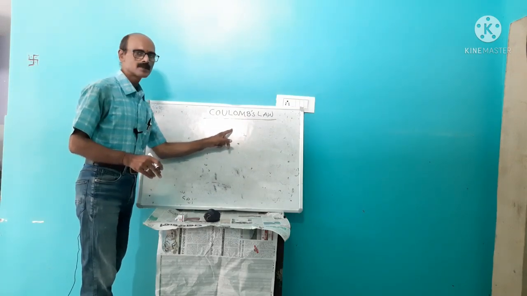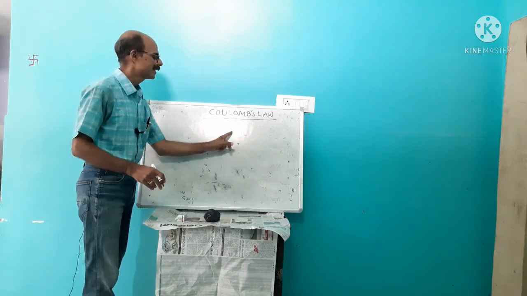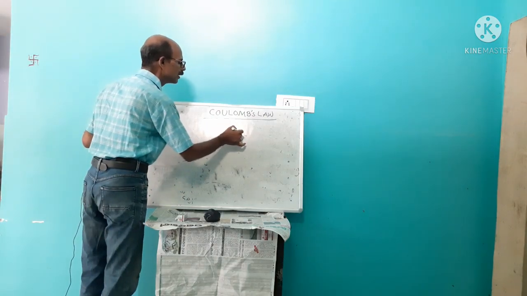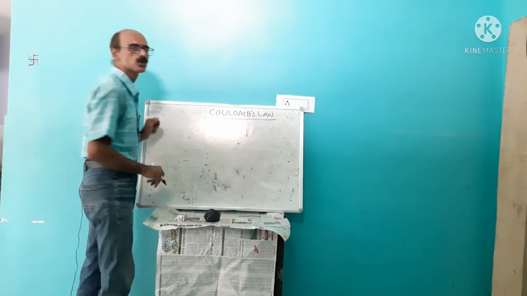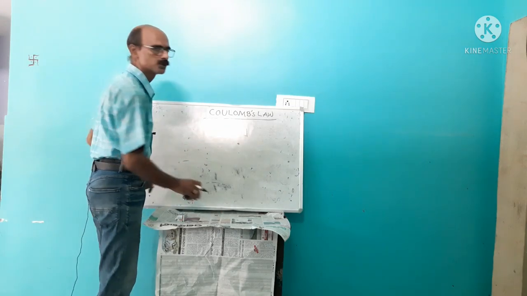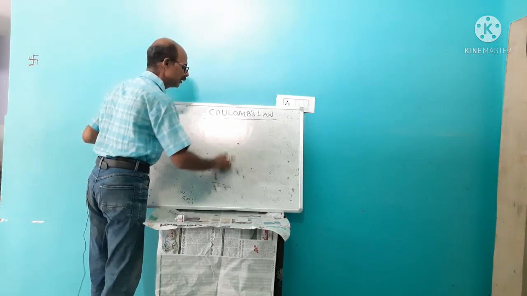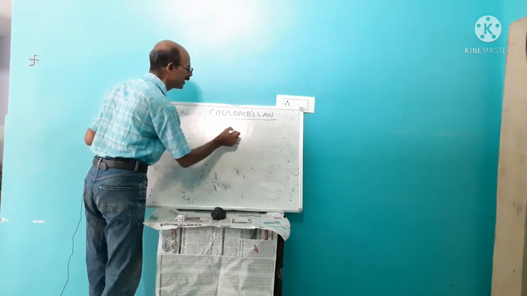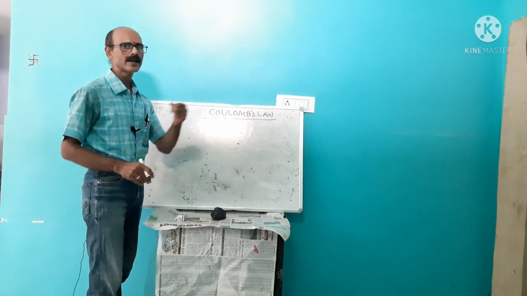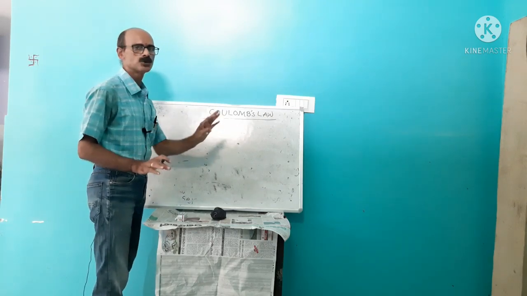If q1 is minus, q2 is plus, then also q1 into q2. If minus q1, minus q2, then also q1 into q2. Therefore we can give the magnitude sign. F is proportional to |q1| into |q2|. No need of taking the sign, whether it is positive or negative, it does not matter. We have to take the magnitude only.